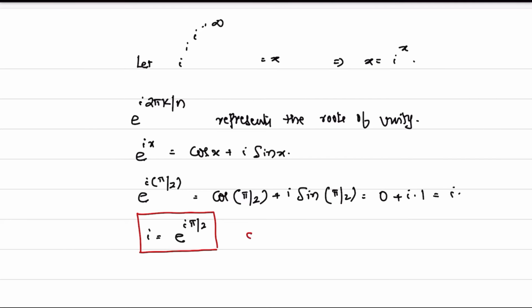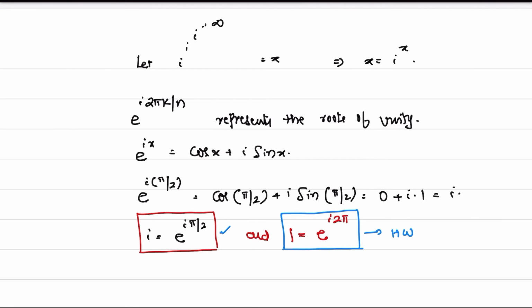And 1 can be written as e to the power of I 2 pi. This also you please remember. Treat it as a homework and prove why it is written so. This I have shown you.